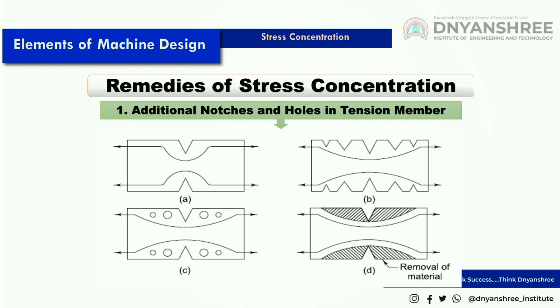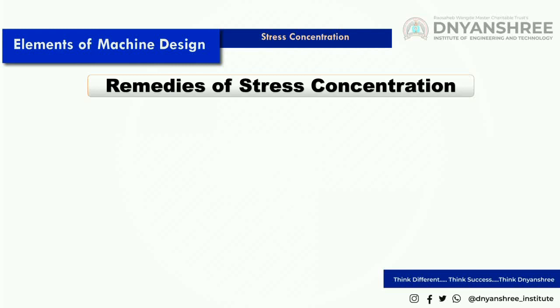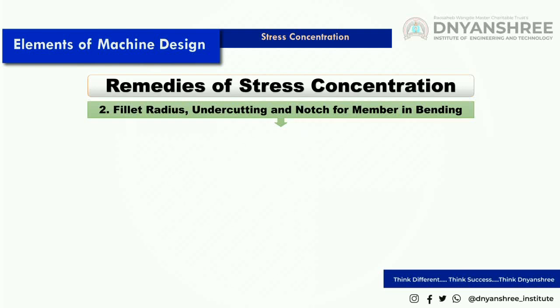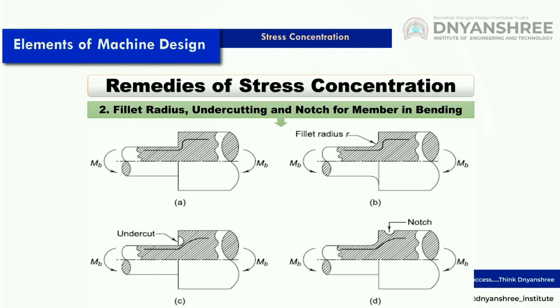Now let us see the second remedy of stress concentration: fillet radius, undercutting and notch for a member in bending. This is the member in bending. Bending moment MB is acting on this member. In the actual diagram, there are sharp corners. That is an abrupt change in cross section.